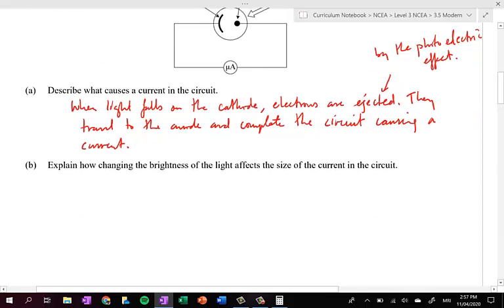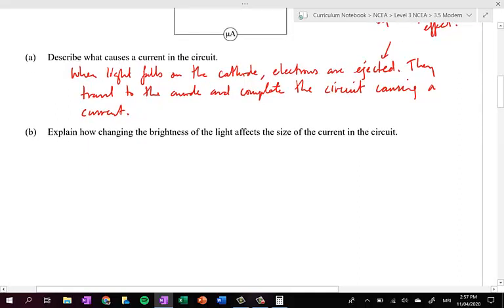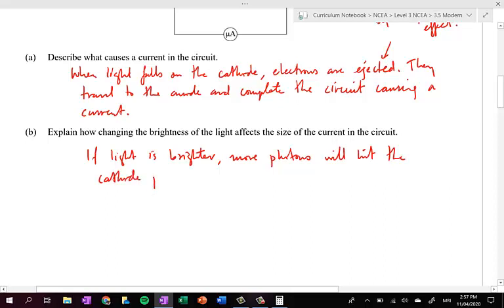Explain how changing the brightness of the light affects the size of the current in the circuit. Brighter light, let's just say it a little bit more effectively here. So if light is brighter, more photons will hit the cathode per second, transferring their energy to electrons.